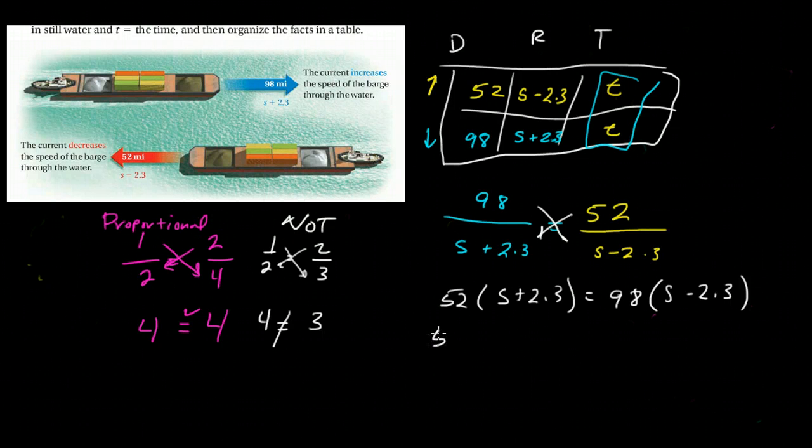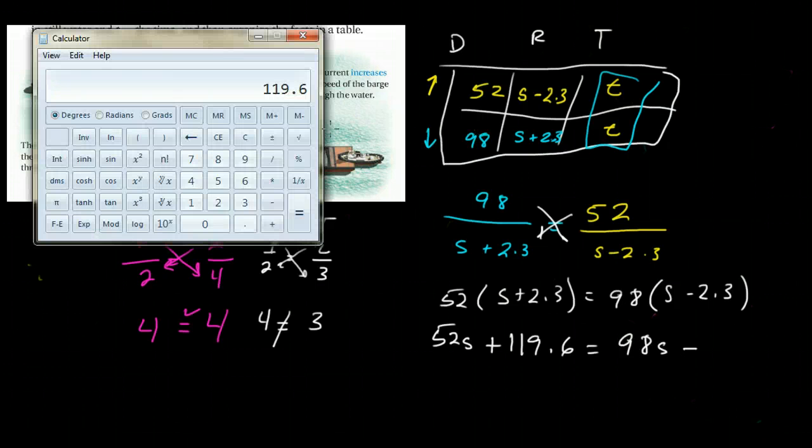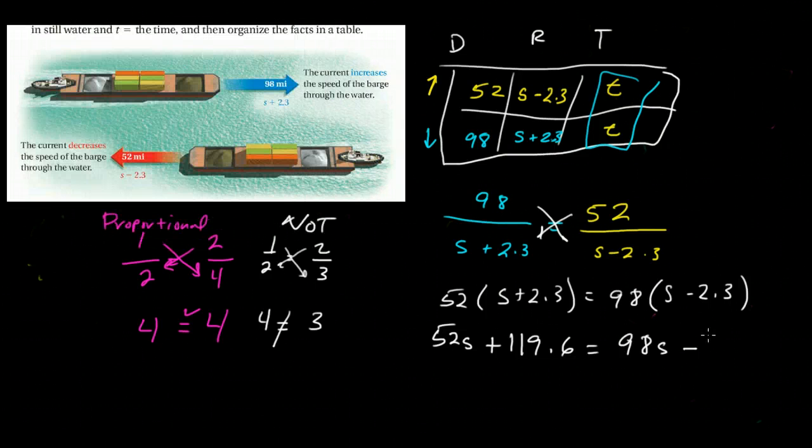So this is 52S plus 119.6. When I distribute, this one will be 98S minus 98 times 2.3, which is 225.4.